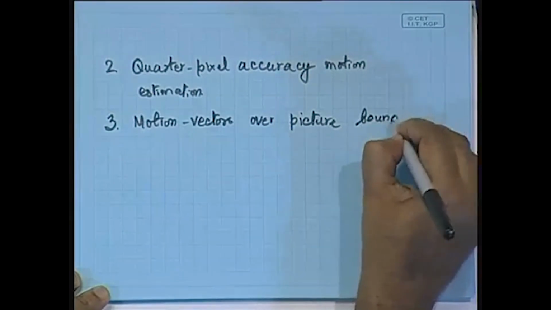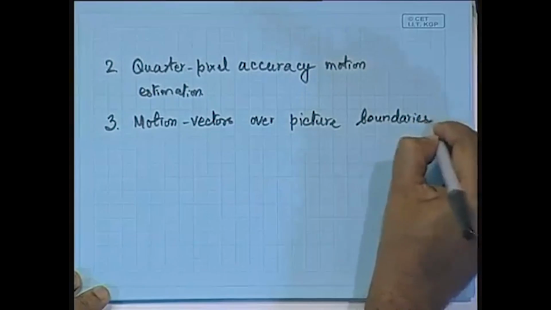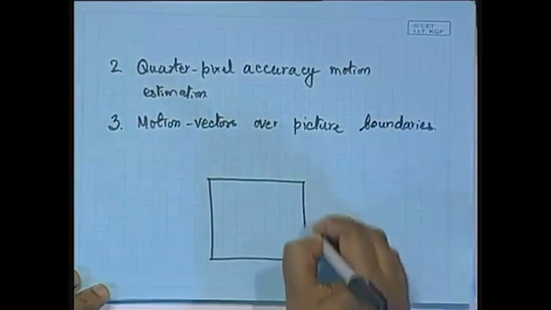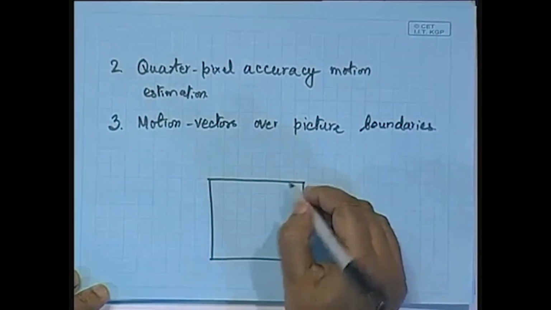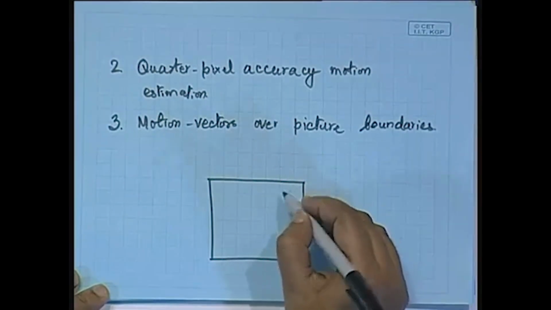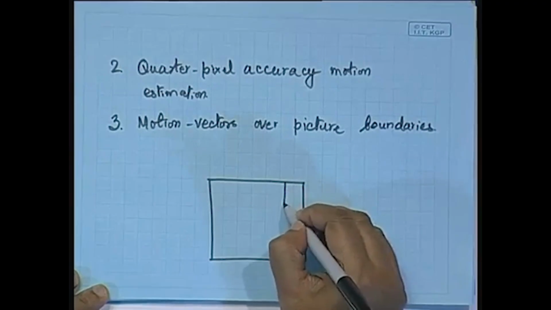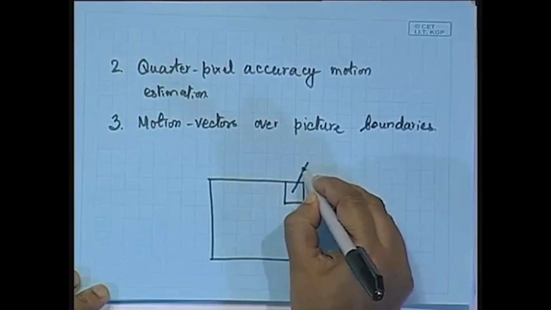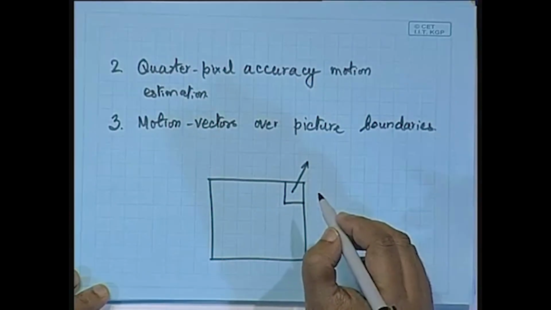Now, what I mean to say by this is that, say this is the candidate frame, and we have some parts of the object. Here the motion vector could point outside the boundary also.